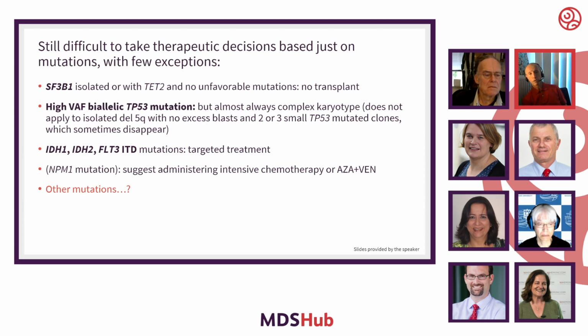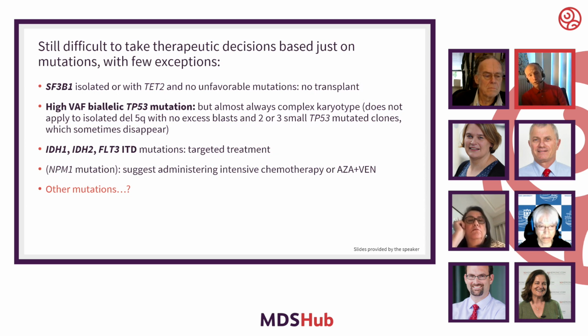IDH1, IDH2 is not so frequent, can occur during progression, and that's why we assess those mutations every 6 months or so, because they can appear. NPM1 mutation is also rare, but it can occur in MDS, and it has been suggested, especially by MD Anderson studies or others, that those patients could respond to chemo or aza plus ven. So certainly those are mutations that can be taken into account.